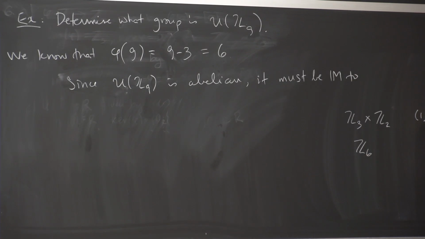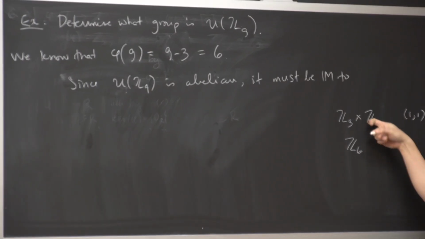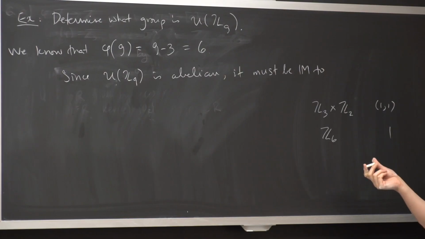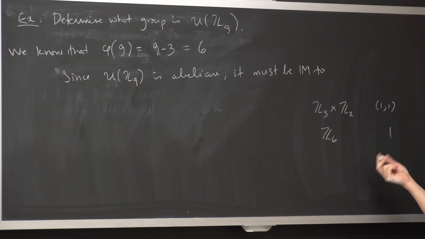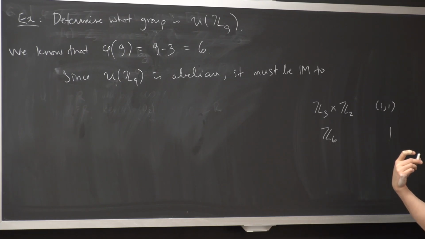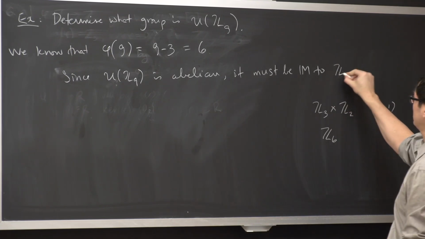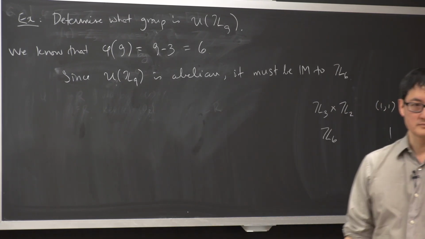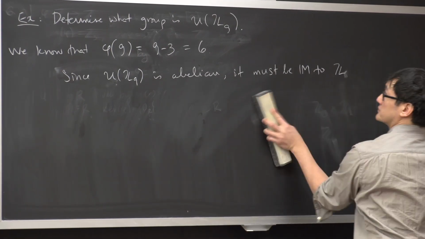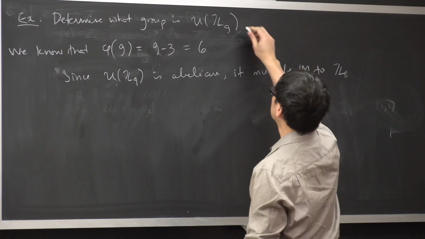They're both cyclic: this is generated by (1,1), and this is generated by 1. If you have cyclic groups of the same order, they're isomorphic to each other just by sending the generator to the generator. Make sense? So this guy has to be isomorphic to Z6. Okay.